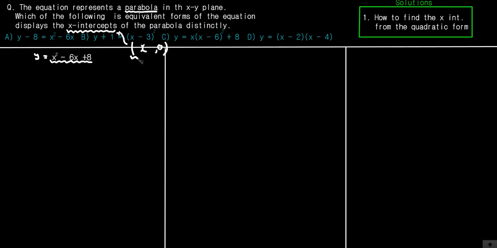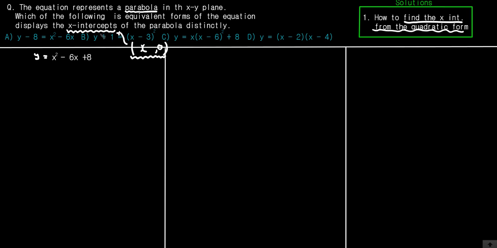Before I solve this question, the main thing we need to know is how to find the x-intercept from the quadratic form. Here's our quadratic form, and that is the first main thing we want to think about in solving this question.